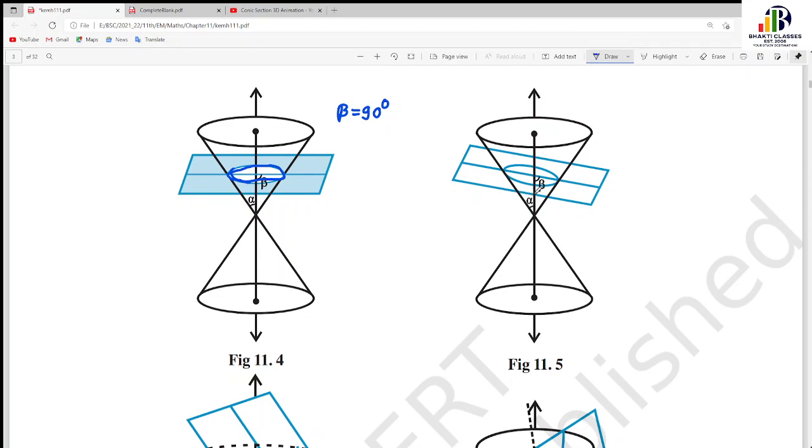And if beta is greater than alpha and less than 90 degree, that is beta is in between 90 degree and alpha, at that time we will get ellipse. Ellipse is a different type of circle with two different foci that we will learn in detail.